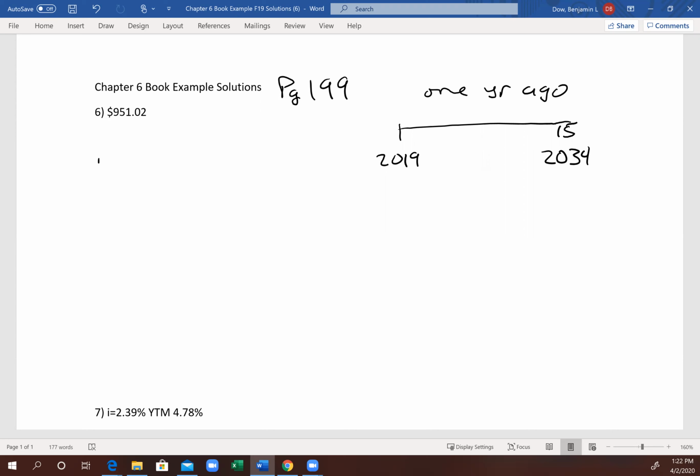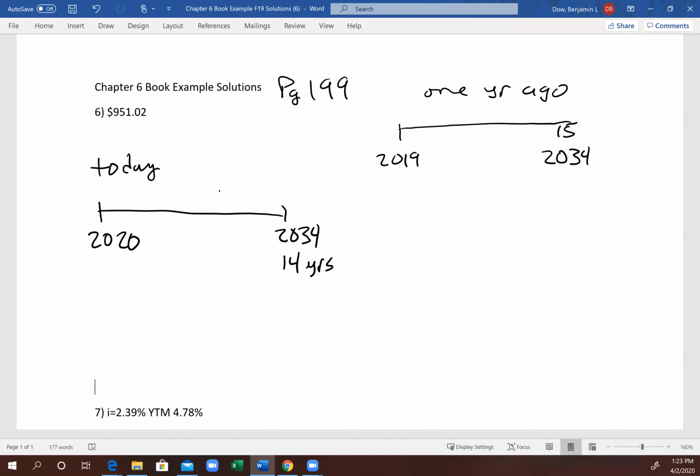So if we look at today, today is 2020. If today is 2020 and the bonds mature in 2034, that means since these were 15-year bonds a year ago, the bonds have 14 years left to maturity.